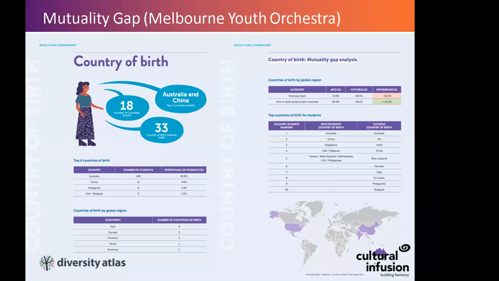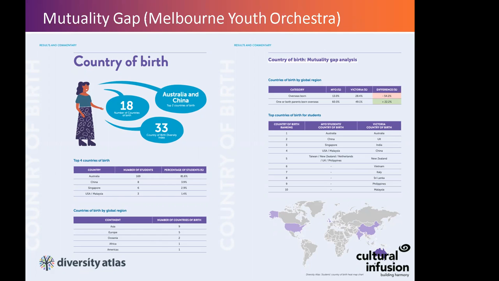And here are just some screen grabs of the different pillars. Here you can see, for example, for country of birth, 18 countries of birth were represented, and Australia and China were the two highest countries.